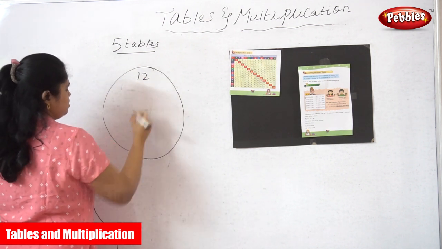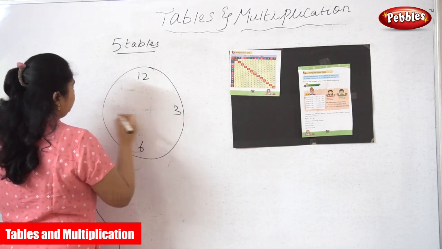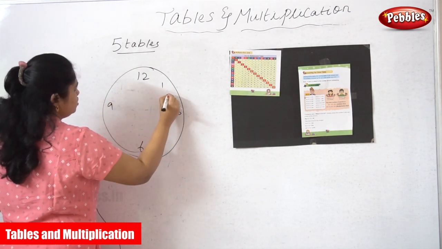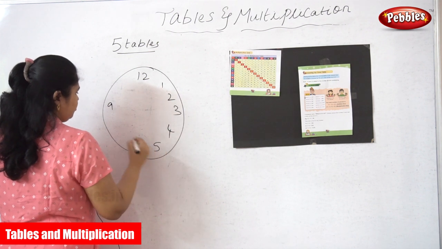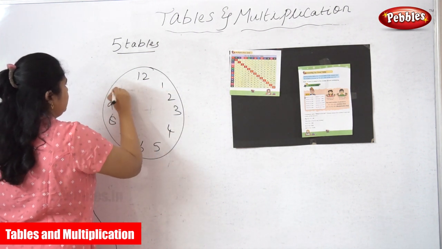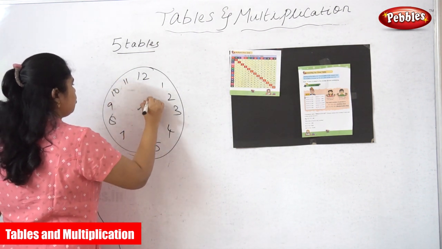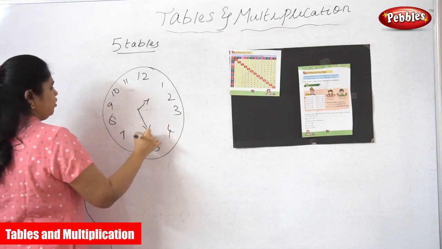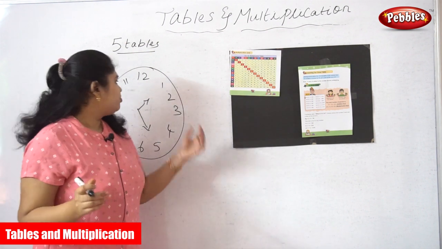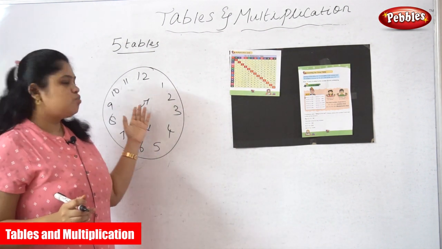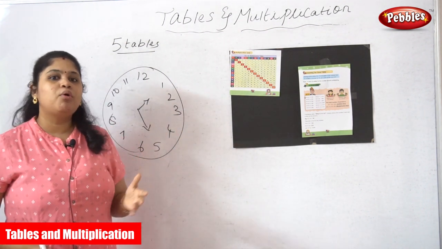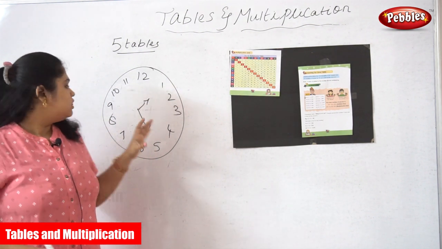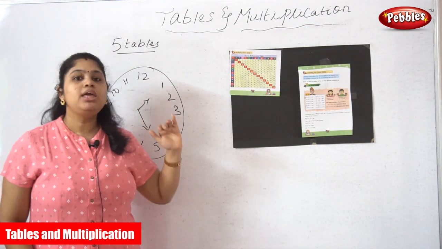12, 6, 3, 9, 1, 2, 5, 7, 8, 10, 11. This is the small hand, this is the upper hand. The small hand tells about the hour and the big hand tells about the minutes.